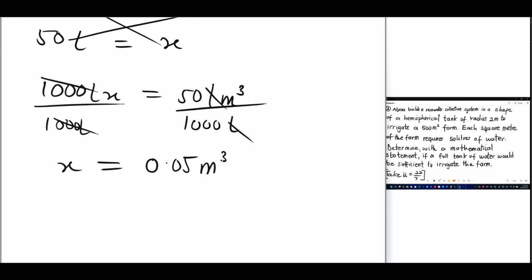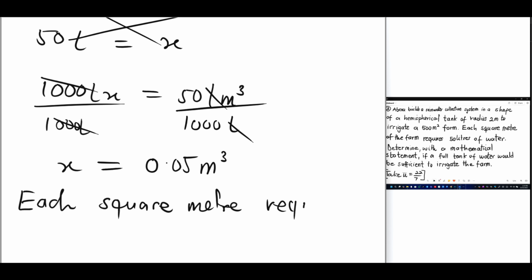All right, so it implies that each square meter requires 0.05 cubic meter of water.